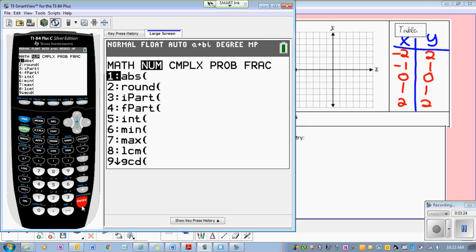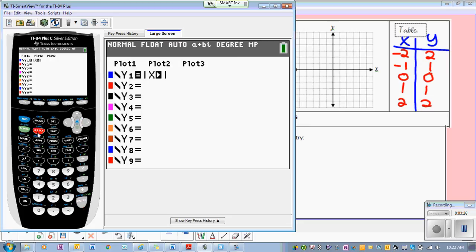And then let's put x. If yours comes out as ABS parentheses, that's okay. Put in x and then close your parentheses so that you close the bars. All right? If yours looks like mine with the bars, make sure you hit the right arrow so that you get out of there. Okay?